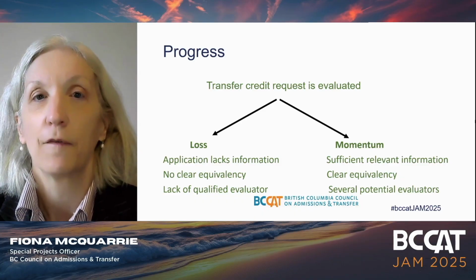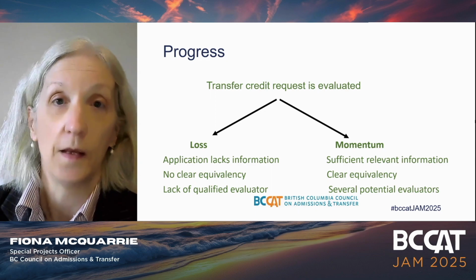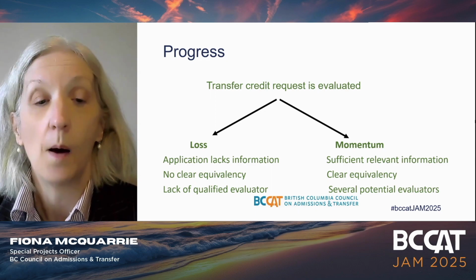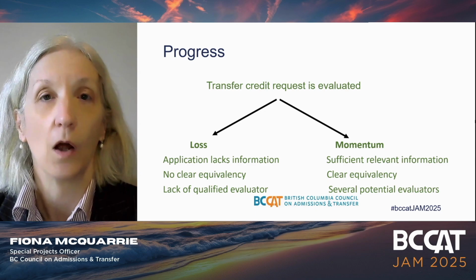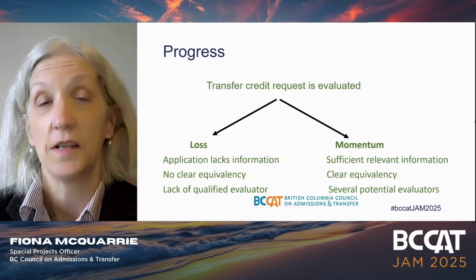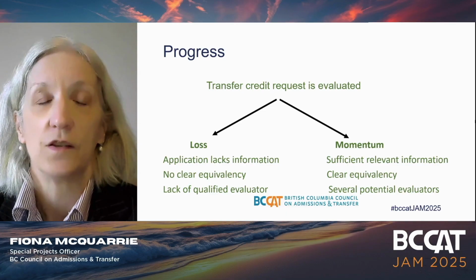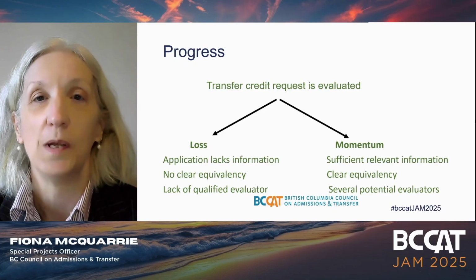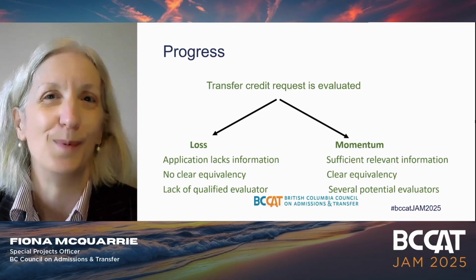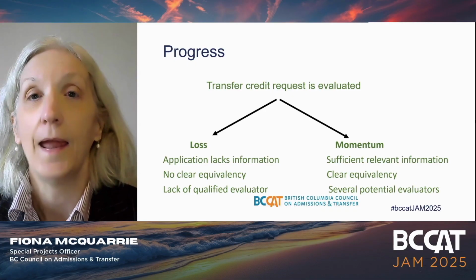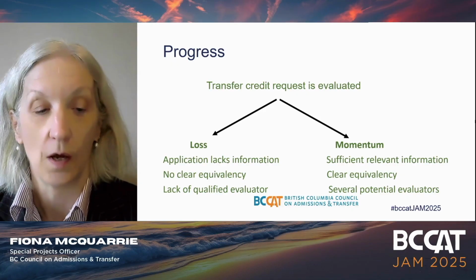Momentum could be from the student providing the information that's needed, but also from there being a relatively straightforward equivalency that's easy to assess, and also if the institution does have qualified people, ideally several qualified people, who could provide an informed evaluation of the request.